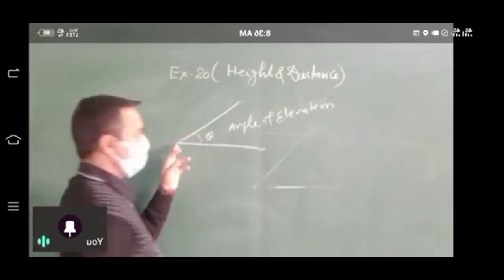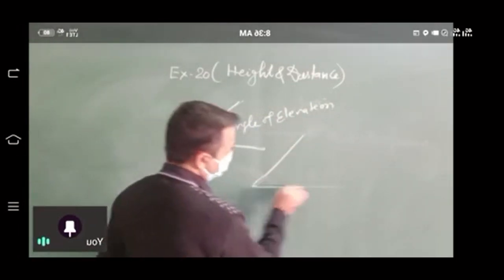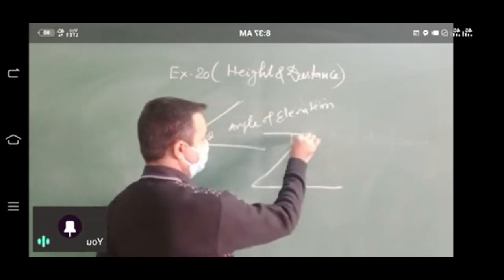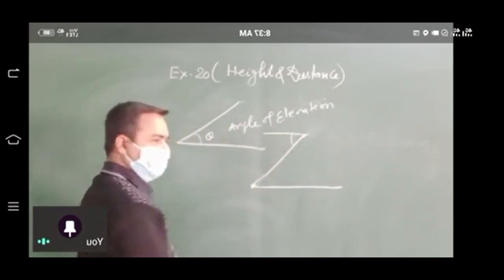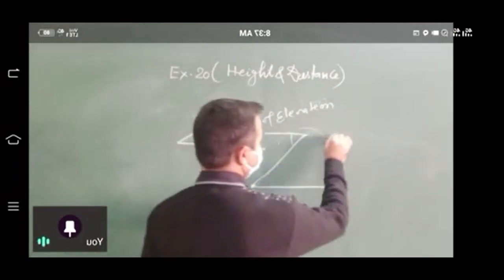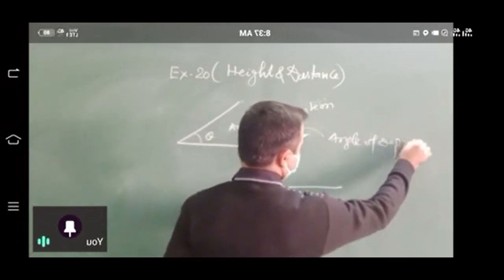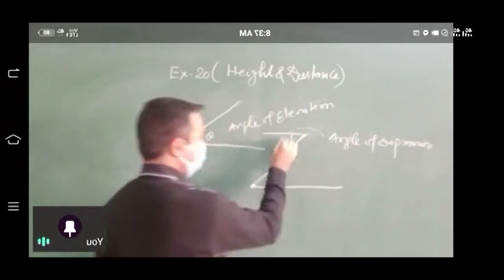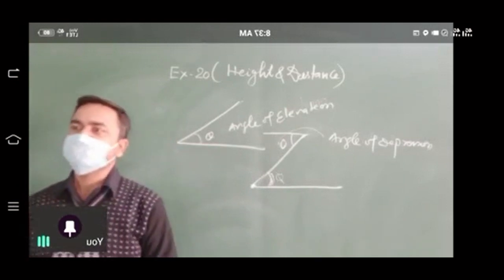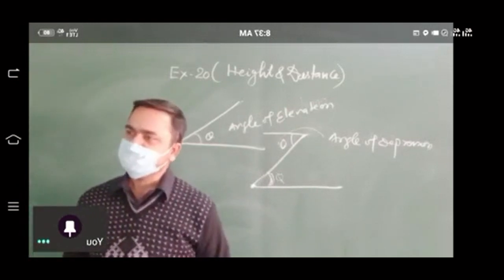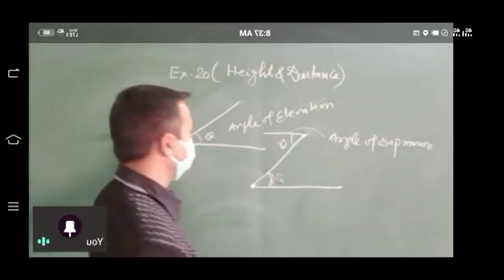If the observer's eye is at the horizontal and the observer's eye is at a height, measuring the angle for a particular point on the surface, this angle is known as the angle of depression, and this angle is considered as the angle of elevation because of alternate interior angles. Clear?